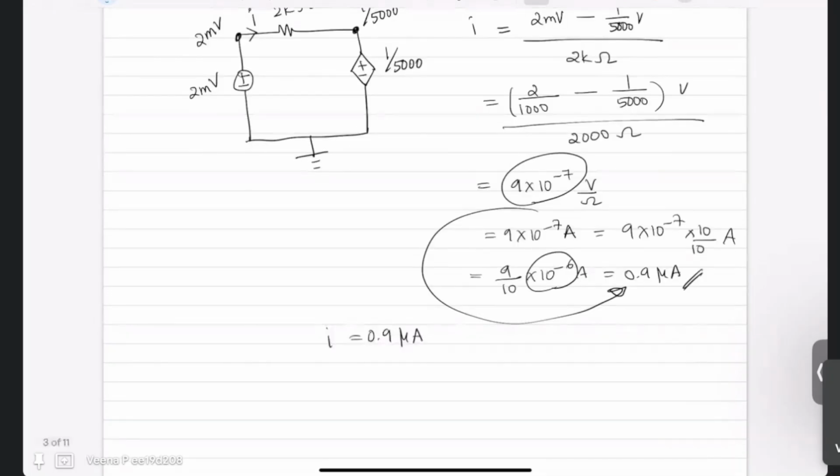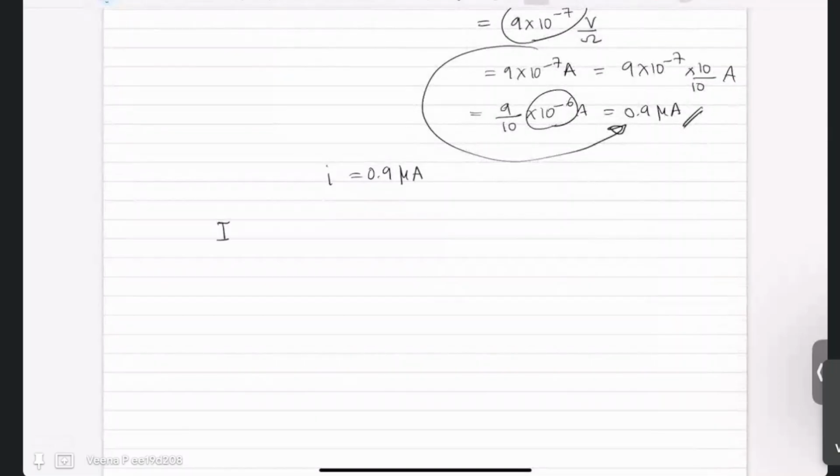So now you can get I in, where I in is 100I plus I1. Now 100 times 0.9 microampere plus I1, which is 0.05 milliampere. So this much amperes, this comes out to be 1.4 times 10 raised to minus 4 ampere. So this is your I in.